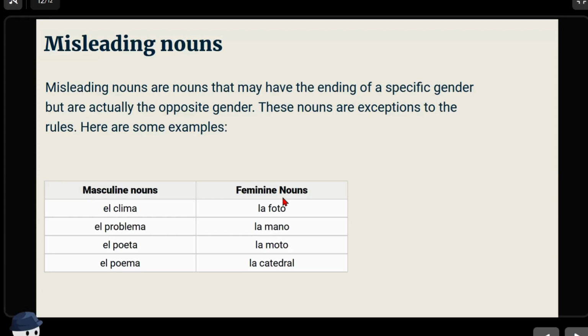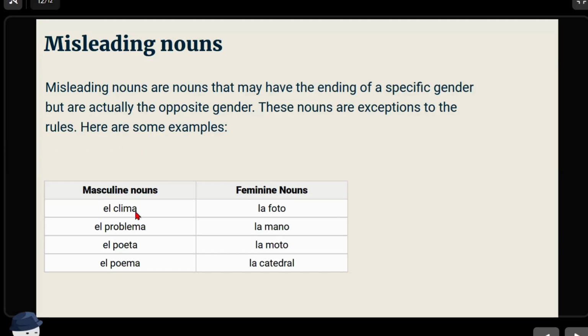I say memorize because you cannot use the patterns that I discussed earlier in this lesson, for example, ending with DAD, ending with A, ending with O. You can't follow those patterns because these break the patterns. These are kind of irregular. They're misleading. So misleading nouns are nouns that have the ending of a specific gender, but are actually the opposite gender. Really confusing, right? These nouns are exceptions to the rules.